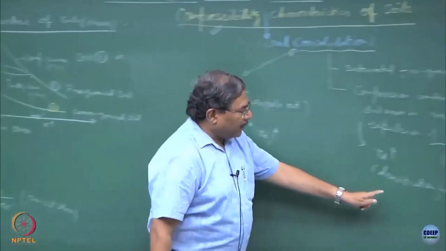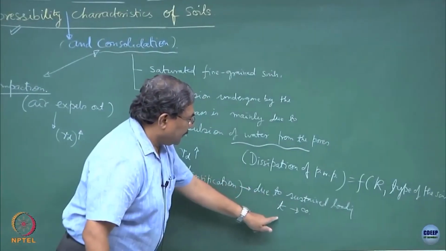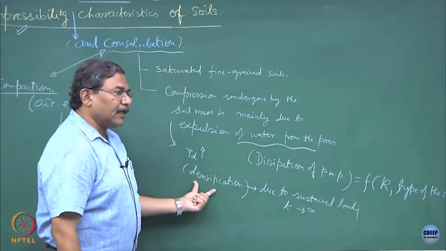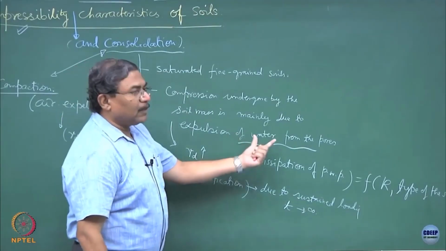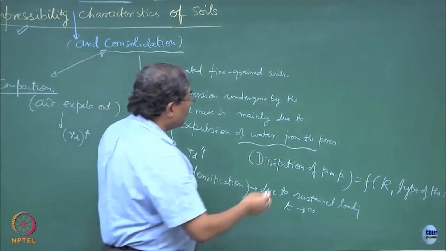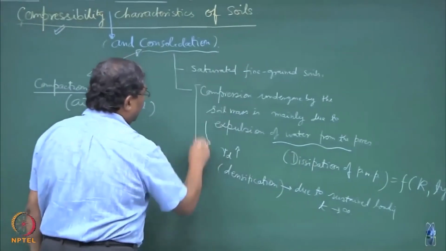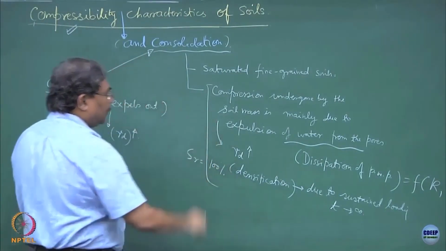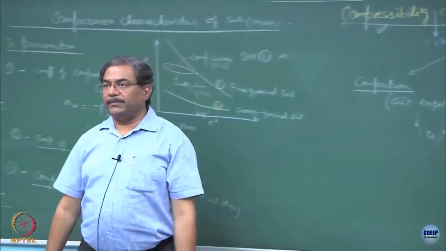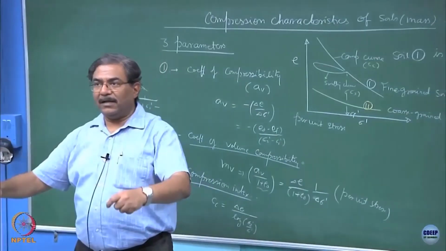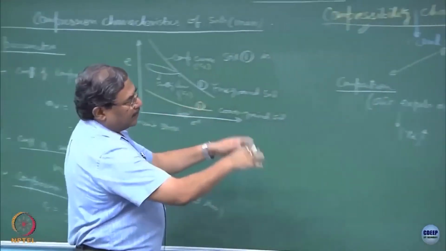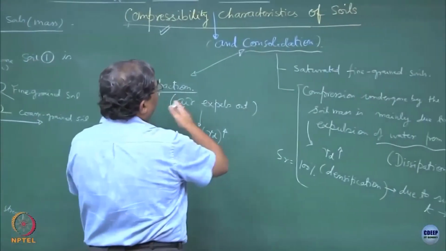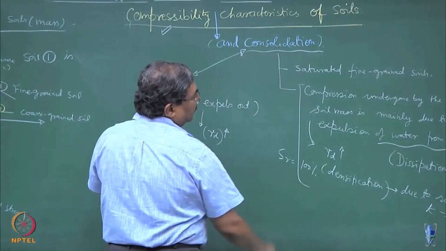So sustained loading, T tending to infinity, densification occurring because of oozing out of the water, but soil still remains saturated because you are forcing it to by putting it in the water, clear. So these are the minor differences or the major differences between compaction and consolidation process.